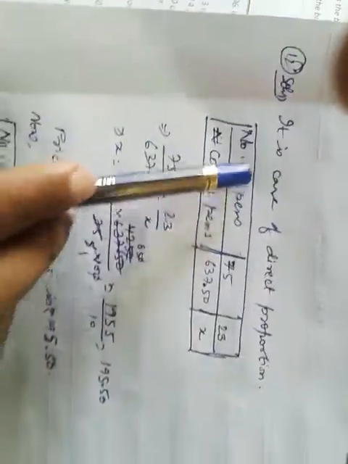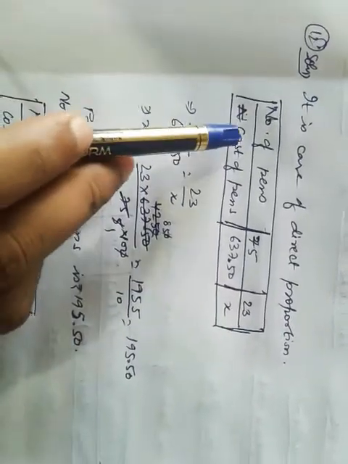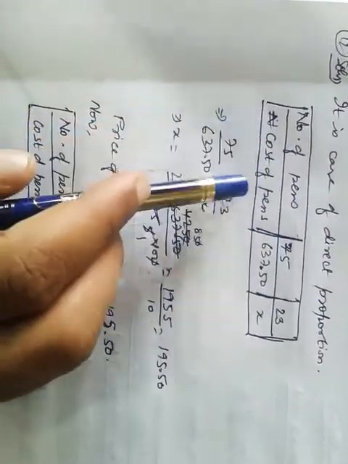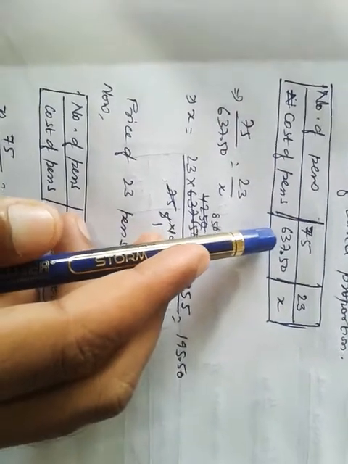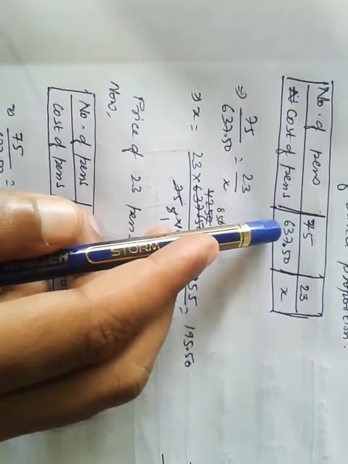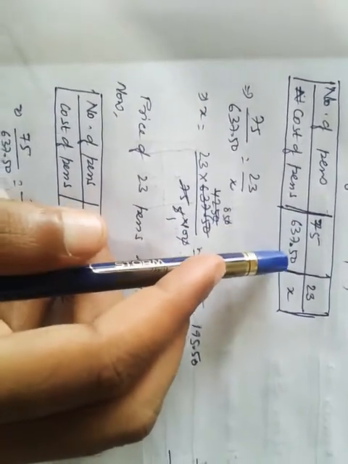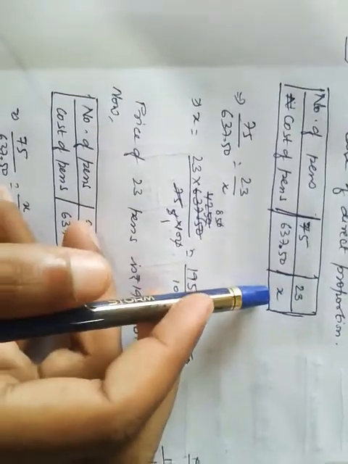So in the case of direct proportion, first of all we have to write the number of pens and cost of pens. 75 pens, then the cost is how much? 637.50 paise. 23 pens, then x.